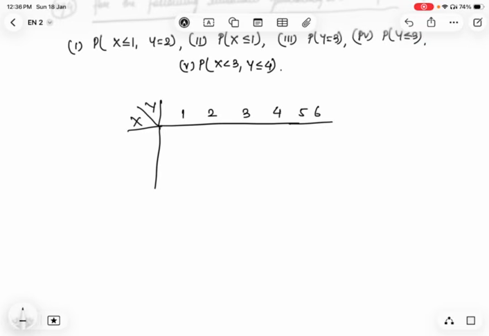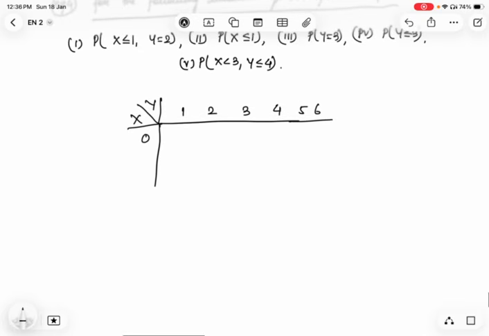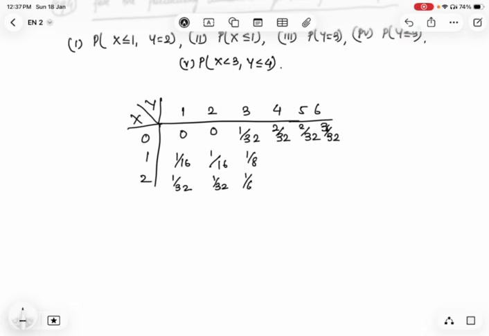For the values of x, we have 0, 1, and the entries are 0, 0, 1 by 32, 2 by 32, 2 by 32, 3 by 32, 1 by 16, 1 by 16, 1 by 32, 1 by 8, 1 by 64, 1 by 8, 1 by 64, 1 by 8, 0, 1 by 8, 2 by 64. So these are the questions.